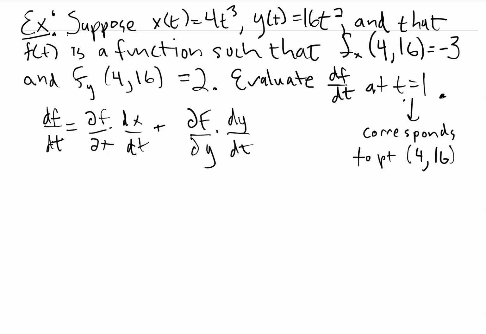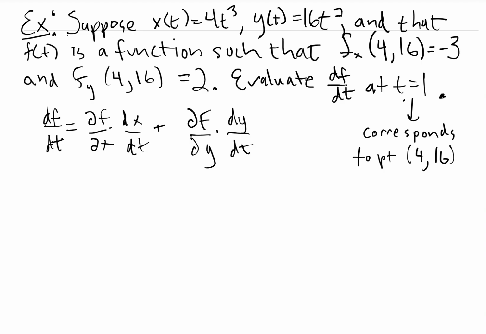So if you are plugging t into one of the functions involved in here, you plug in t equals 1. On the other hand, if you see xy coordinates floating around here, you are going to need to plug in this point (4, 16), because those are the x and y values that you get by plugging in t.